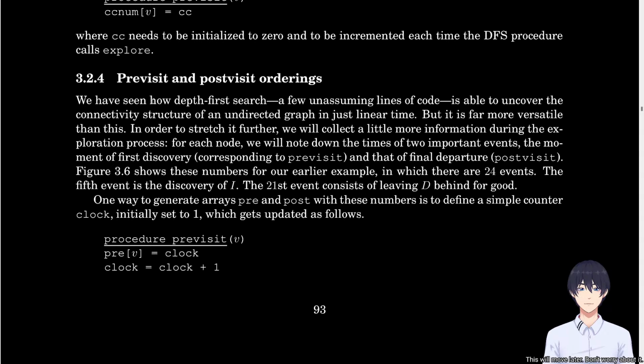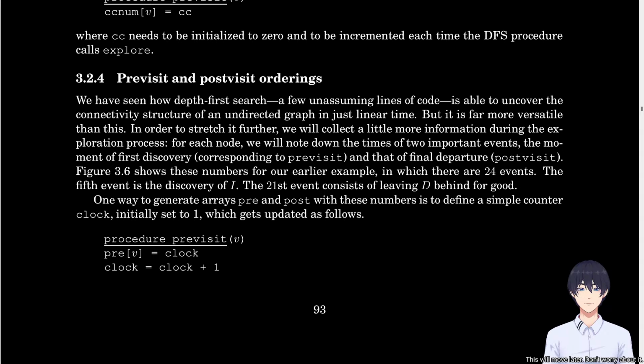We have seen how depth first search, a few unassuming lines of code, is able to uncover the connectivity structure of an undirected graph in just linear time. But it is far more versatile than this.